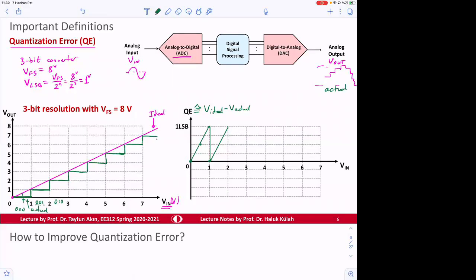Let's say this 8 volt, okay. So this is the actual output, actual analog output.